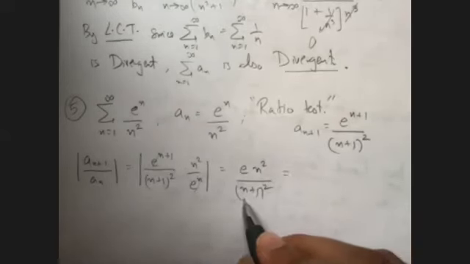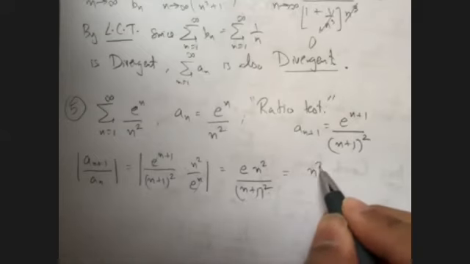If we factor out n, it's square, so we get n square.